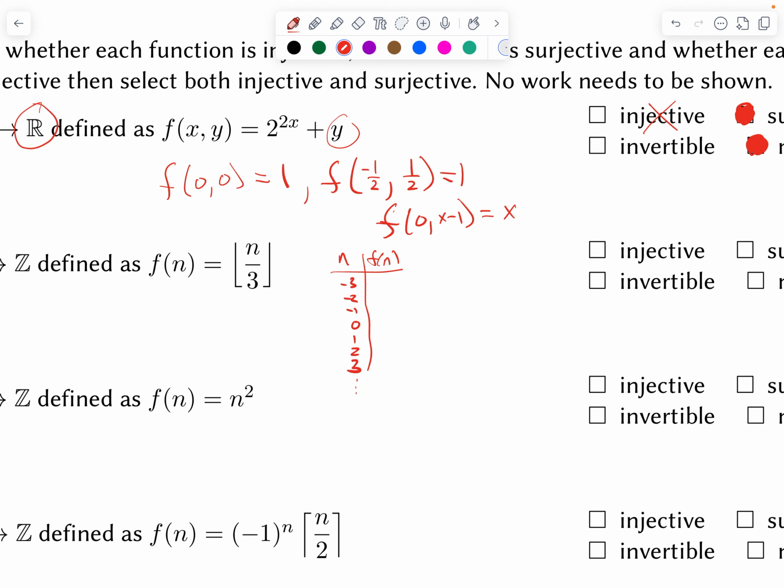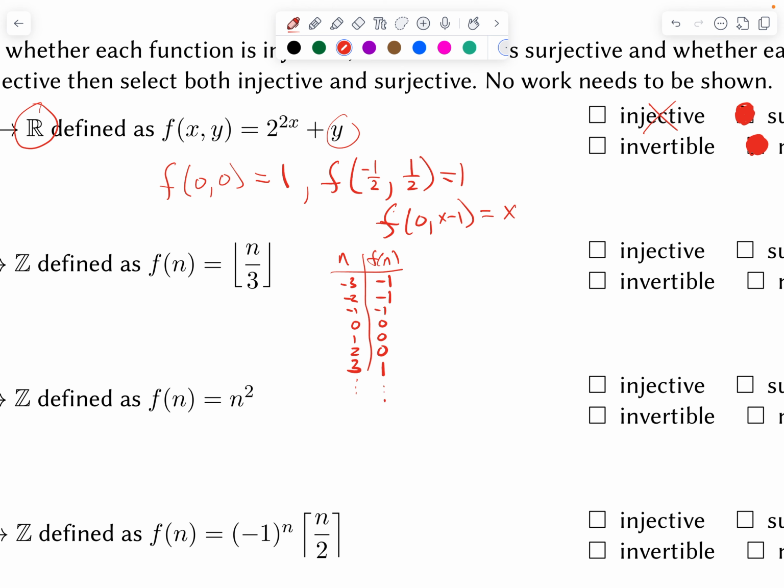And of course this goes on infinitely in both directions, but this will just illustrate what's going on here. We're doing the floor function of n over 3. So this will go down to negative 1. Negative 2/3 gets rounded down to negative 1. Negative 1/3 also, and then 0 becomes 0. This is 0, 0, 1, and so on.